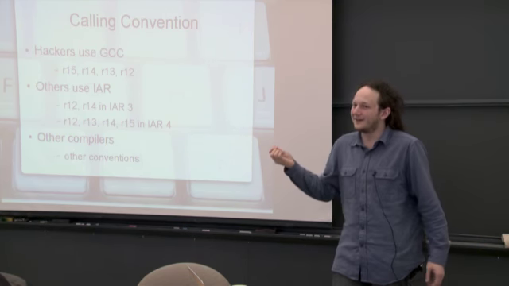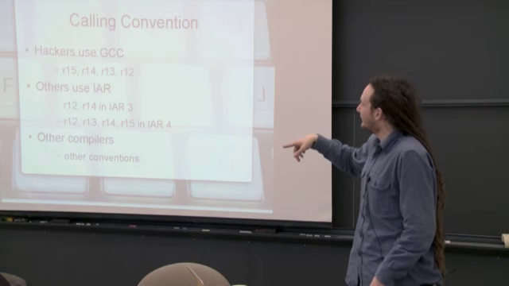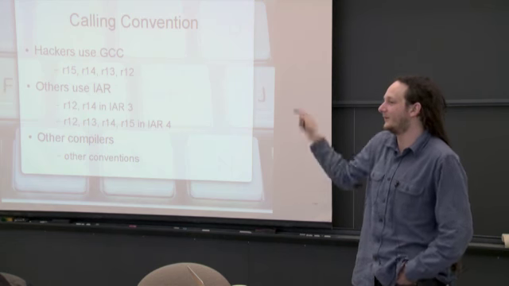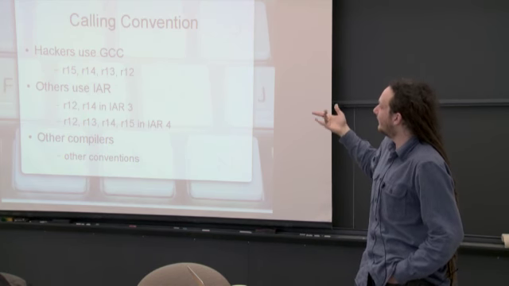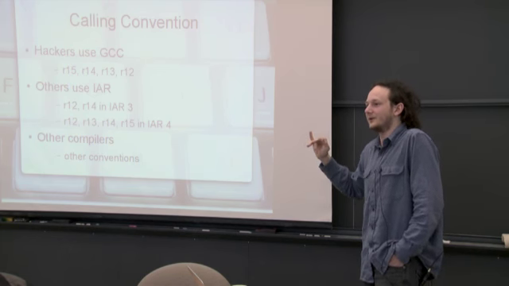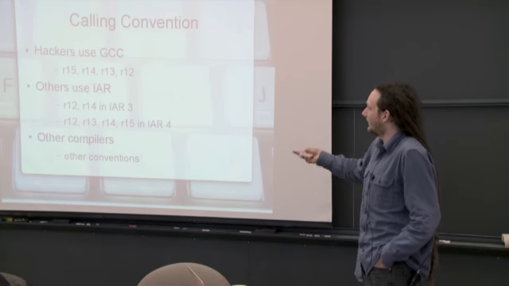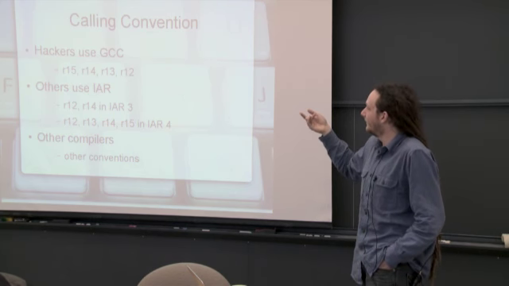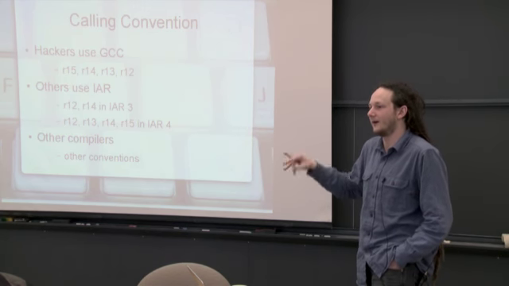So the calling convention is that register 12 is the less significant 16 bits of a 32-bit word. 13 would be the other half, but it's unused because you're only doing a 16-bit parameter. Then 14 becomes the lower half of the second parameter, with 15 being unused as the upper half.